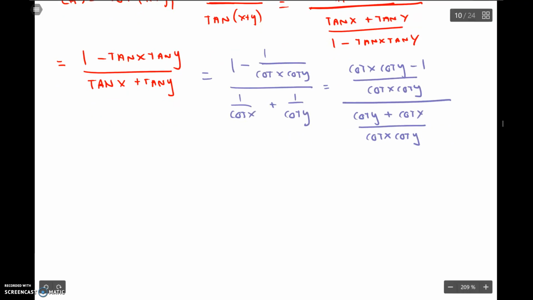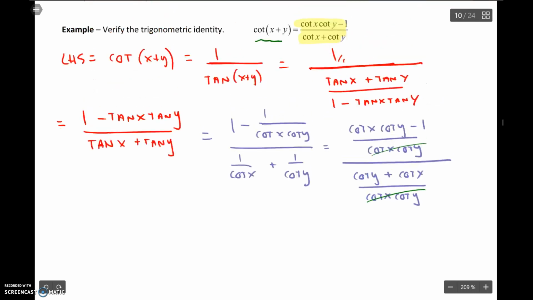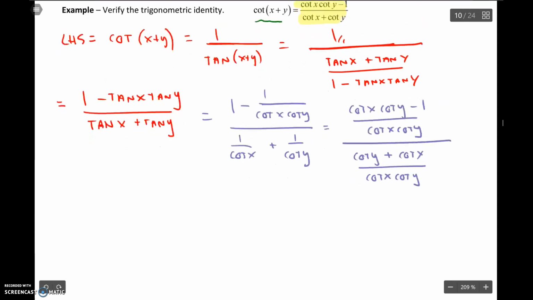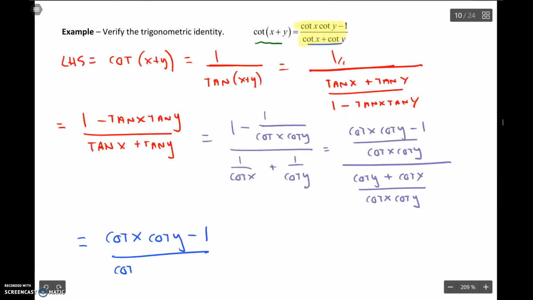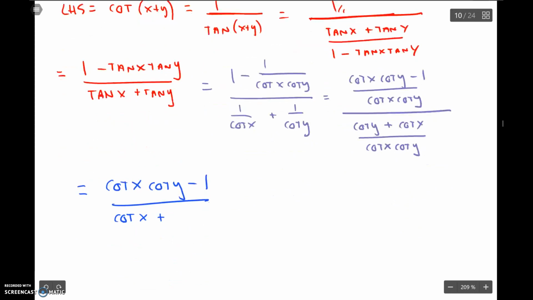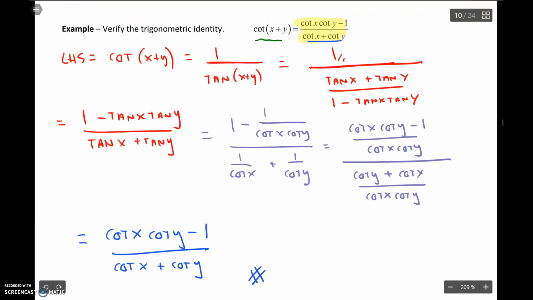If you get good enough with fractions, you realize those are just going to cancel, and we're actually done. Please don't cancel. I would be fine going from here to the last statement: cotangent x, cotangent y minus 1 over cotangent x plus cotangent y. I'll put the x first. My proof is done. Or take the top fraction, multiply by the reciprocal, cancel those, whatever you want to do. But this is fine.